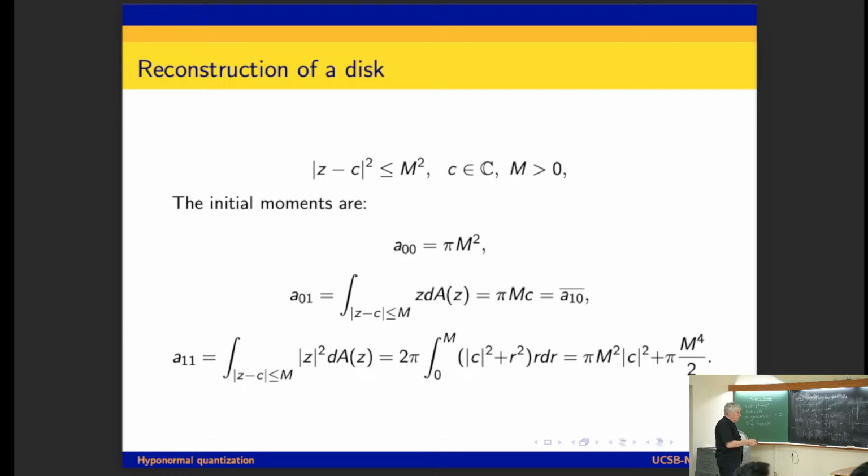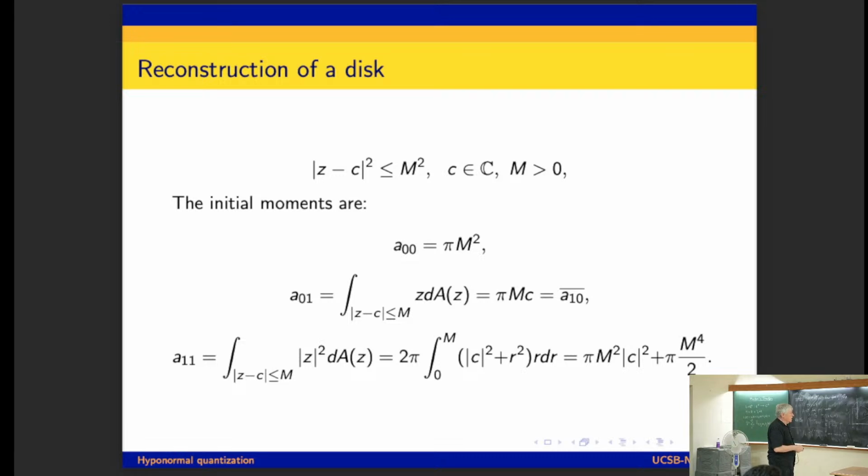The 0,0 moment is the area, pi r squared, where r is the radius. What is the first moment? I integrate z. Now it will be the average of these analytic functions on the disk, so it is precisely pi r squared c, where c is the center. Similarly, the 1,0 moment will be c bar.